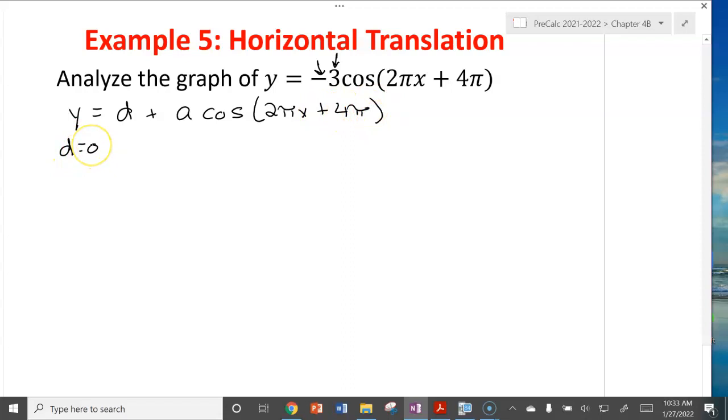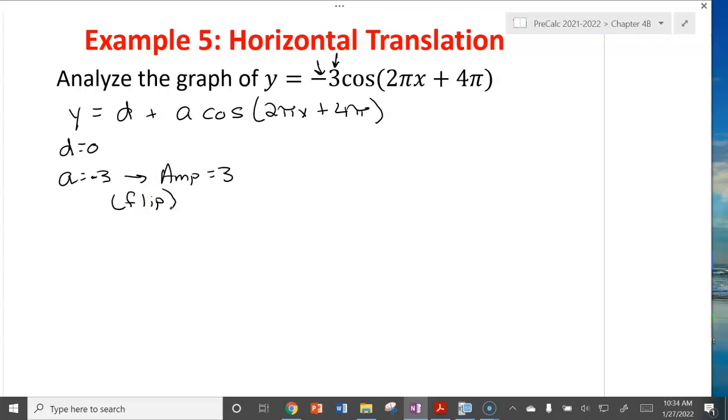D equals 0. I don't have one there. A equals -3, so that tells me my amplitude. Amplitude is always positive, so take the absolute value. So amplitude equals 3, but remember, we have a vertical flip because of the negative there.